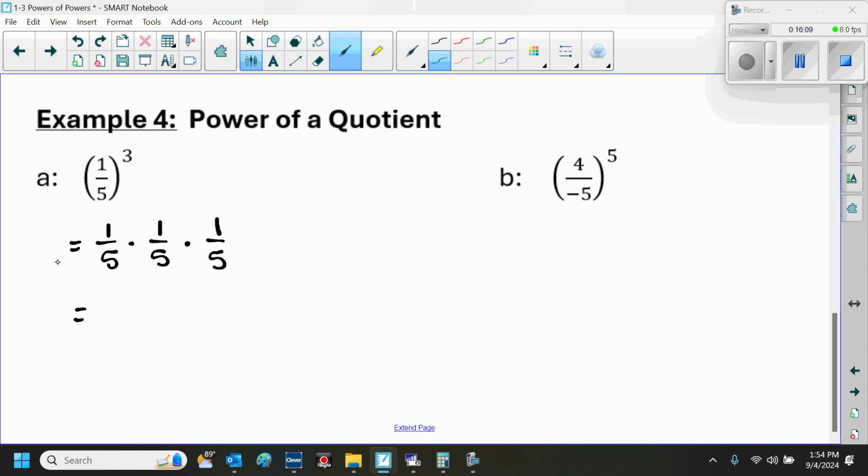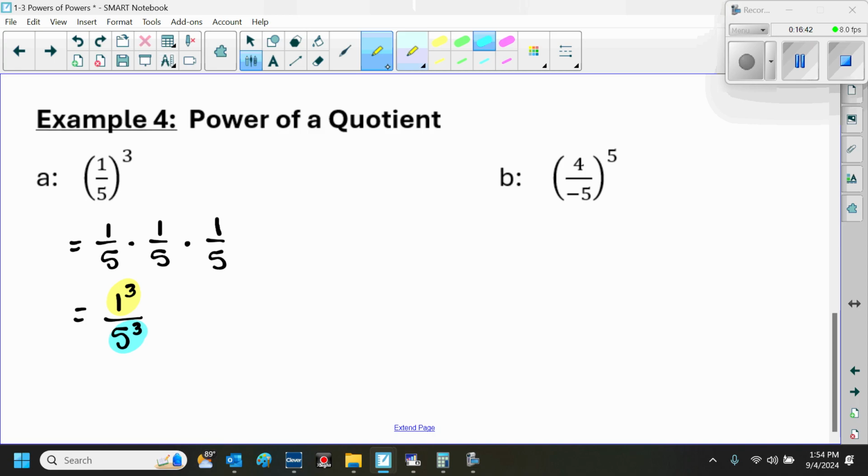Now, if I write the numerator using exponents, that says 1 times 1 times 1, that's 1 to the third power, over 5 times 5 times 5, that's 5 to the third power. You see how the exponent gets applied to the numerator, and it gets applied to the denominator. And that is the rule, okay?